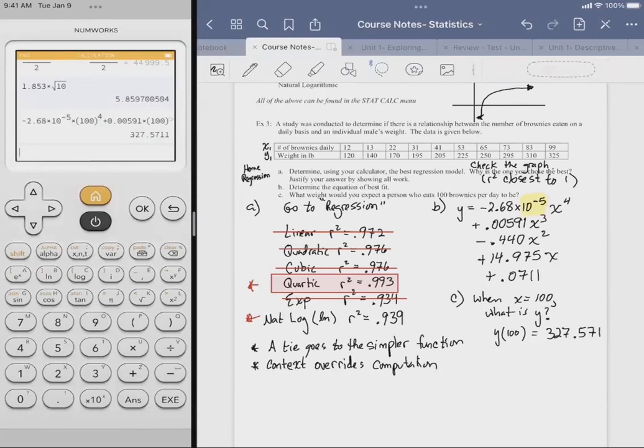All right, and so that would be the weight in pounds. So little notation at the end, LBS. And now you have what we call a prediction.